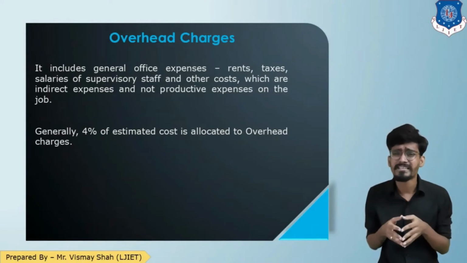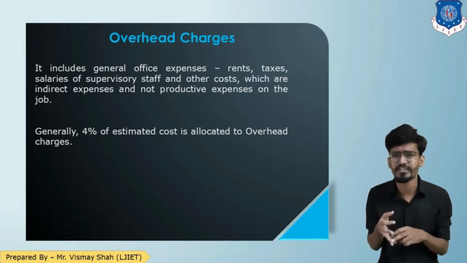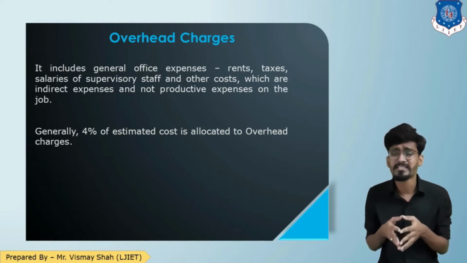Now overhead charges, we have already learned in the lecture series of Introduction to Building Estimate, generally include the tax, rent, office stationery, printing, the salaries, administrative expense, etc. So generally 4 to 5% of the total cost of the project is considered as the overhead charges. So that is about sundries and overhead charges.